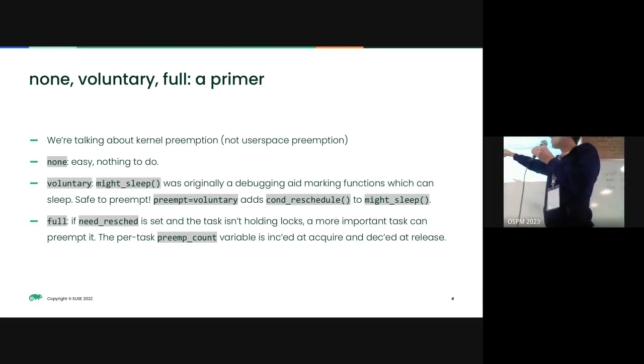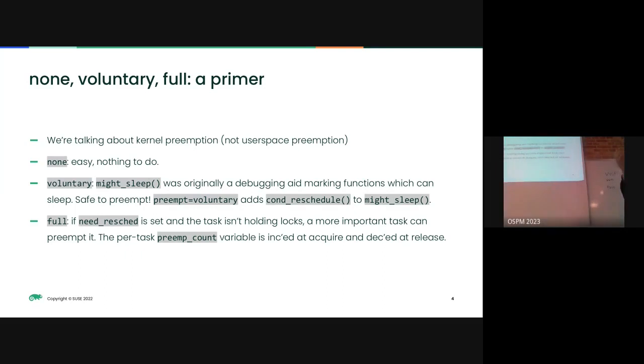And then we have full preemption, where kernel code can be preempted essentially anywhere, unless tasks are holding locks. So no preemption, some preemption, lots of preemption. Full preemption is when the need_resched flag is set, and you're not holding locks, you can be preempted.